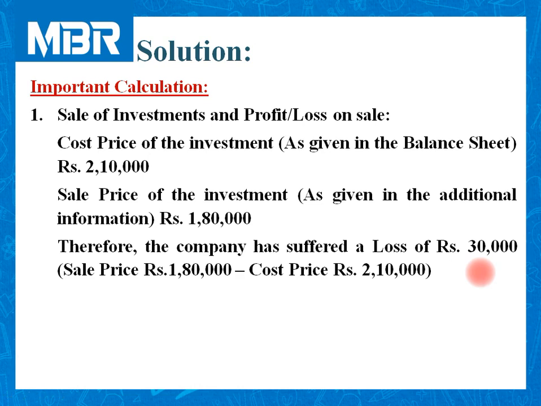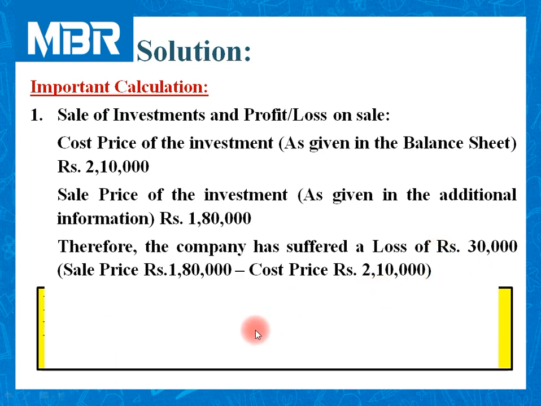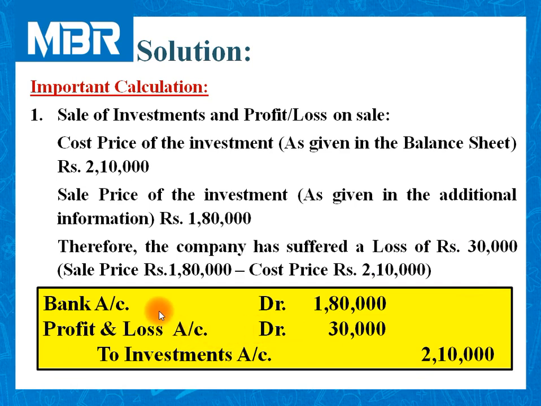Pass the journal entry for this transaction. Bank account debited 1,80,000, the amount received by the company from the sale of investment. Profit and loss account debited 30,000, the amount of loss transferred to profit and loss account.